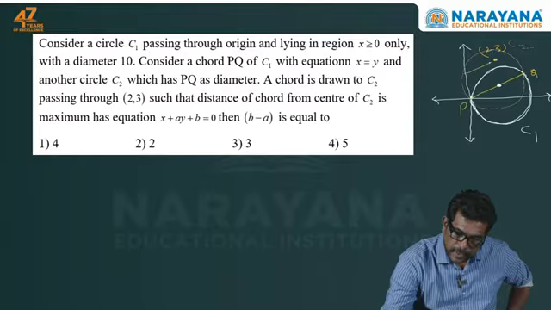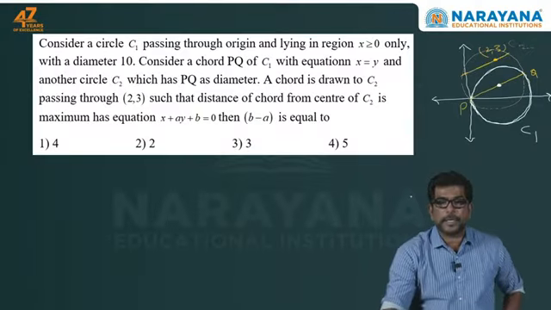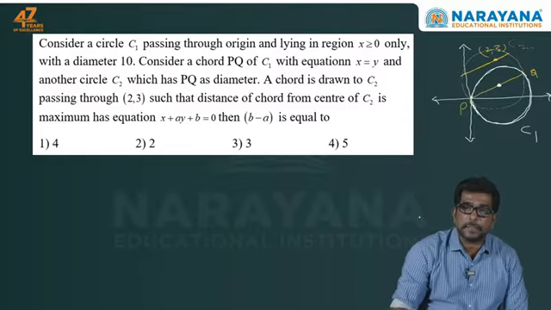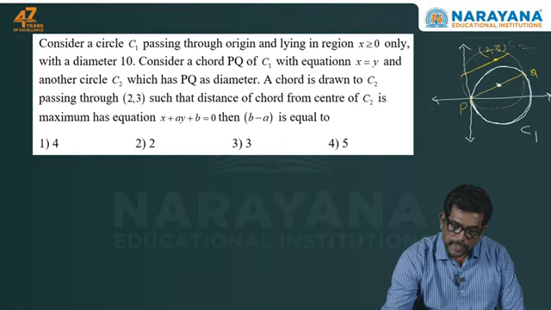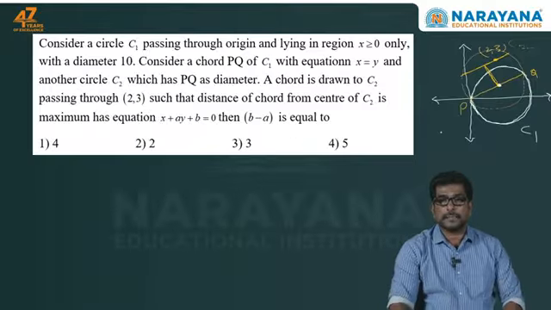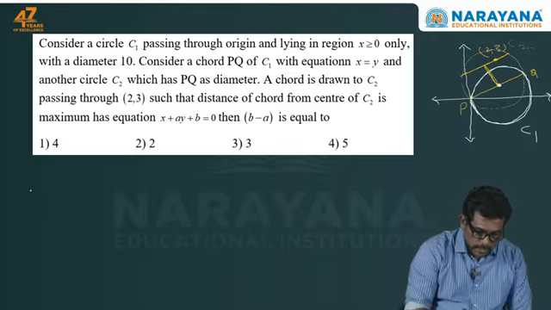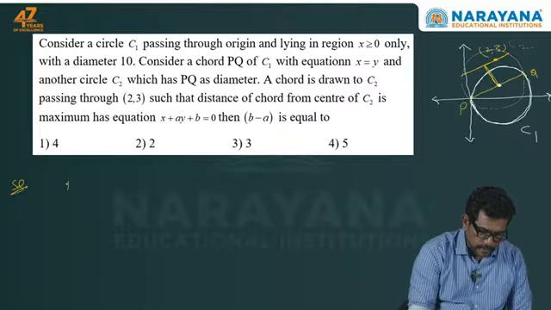That is, the required chord is like this, parallel to PQ. Then the distance from the center to the chord is always maximum. So the required chord is the solution.